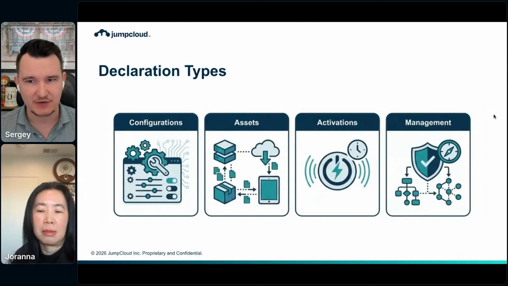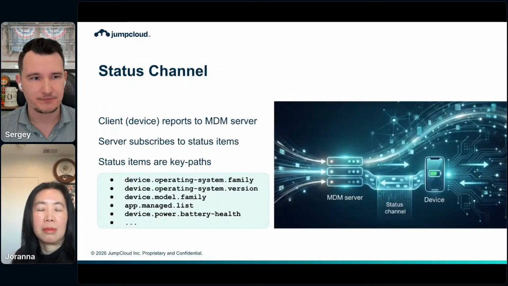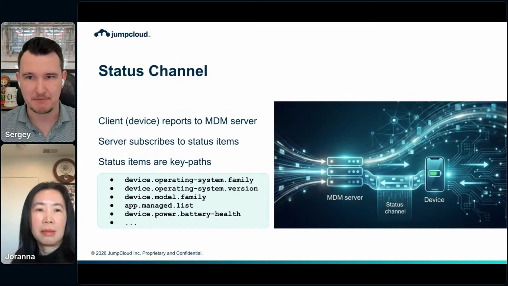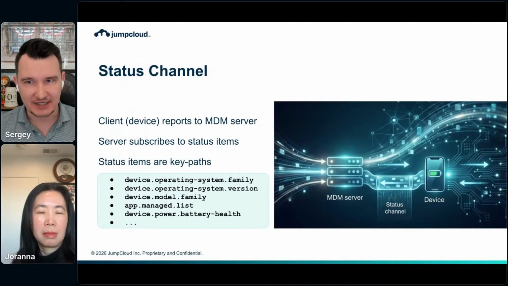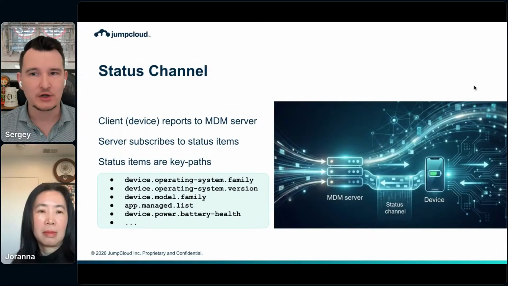So this is a very high level overview of the four types of declarations that are now being applied throughout the JumpCloud MDM framework. The second major piece, or second pillar, of declarative device management is the status channel. Updates of the device state are sent in what is called a status report to the server.